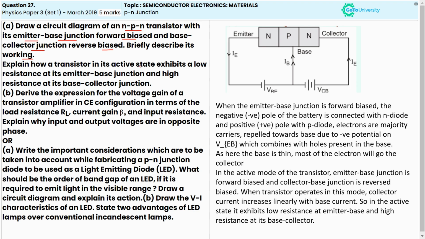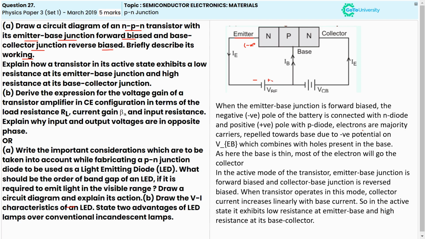When the emitter base junction is forward biased, if this is the emitter, it is the forward bias junction. The negative pole of the battery is connected with the N diode and the positive pole is connected to the P diode.